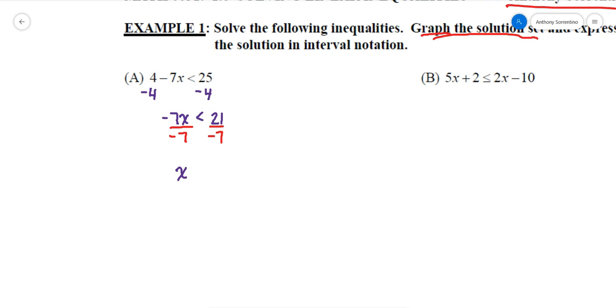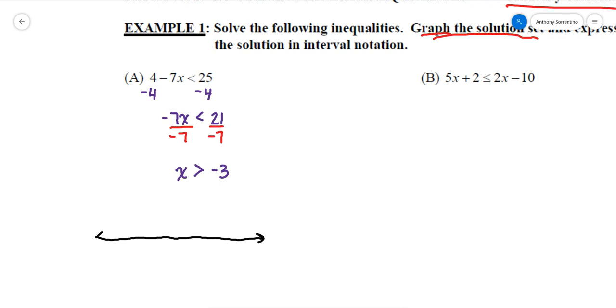The 21 divided by negative 7 is going to give me a negative 3. Since I divided both sides by a negative, this less than or equal to symbol is going to become a greater than or equal to symbol. And so that's what my solution is. The solution is, this will be true for anything where x is greater than or equal to negative 3.